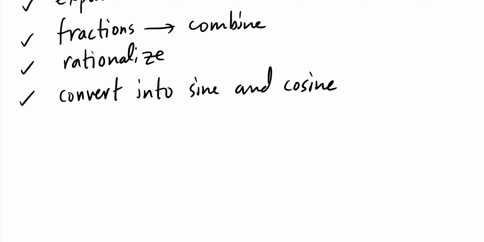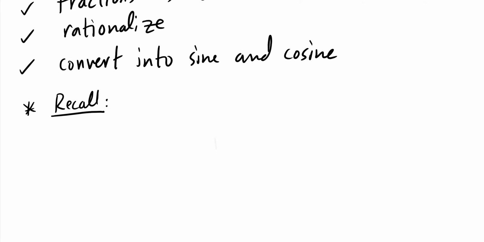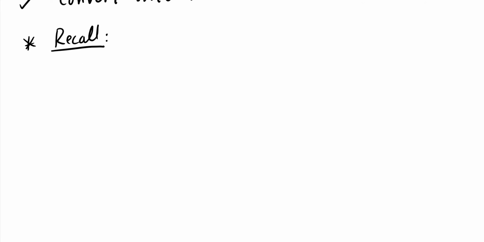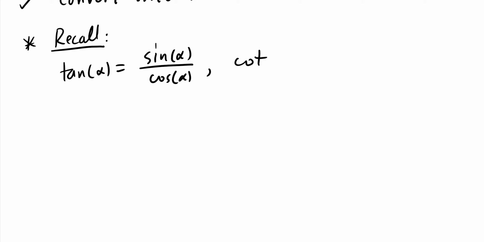Now, before we start looking at some examples, we need to recall basic identities we covered in the previous sections. Tangent alpha, very important, is sine alpha over cosine alpha. Cotangent alpha is cosine alpha over sine alpha.